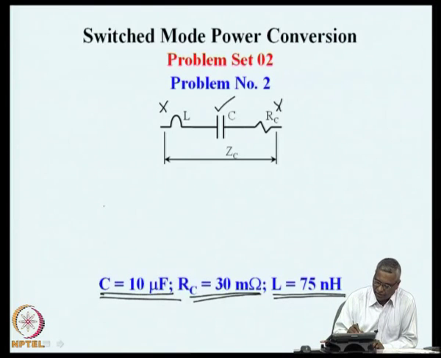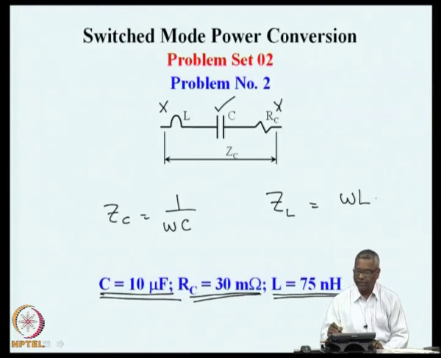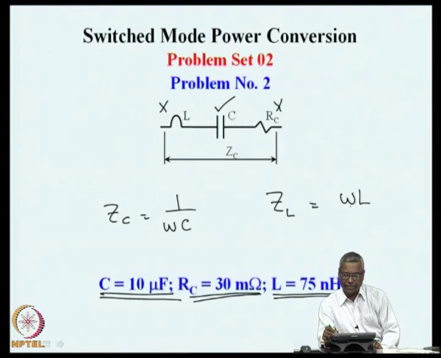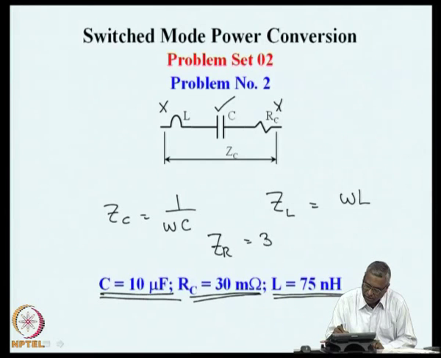So, it will have an impedance of Zc is 1 by omega c, and it has a parasitic inductance of 75 nanohenry. So, there will be a ZL of omega L, where omega is the frequency that is being considered and L is the parasitic value, and the impedance of the resistance is 30 milliohm.